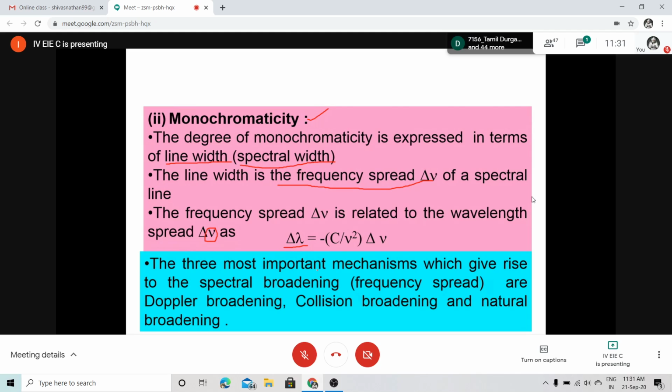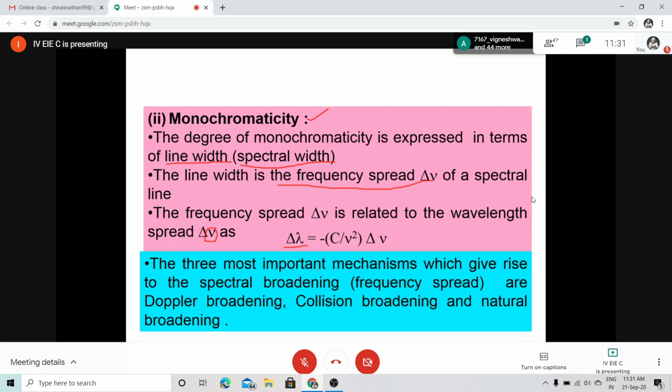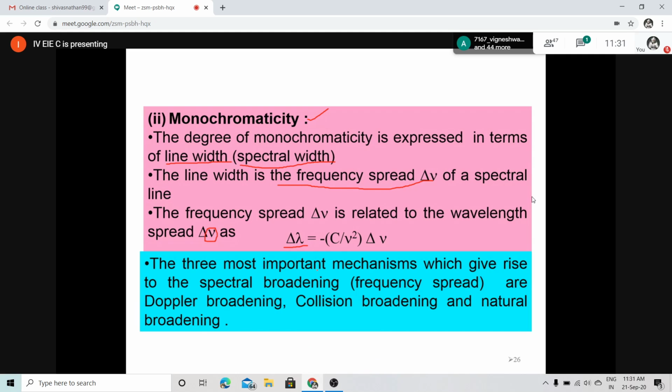Now, when we speak about monochromaticity, you need to understand that broadening happens even though we have laser light. Even if this laser light is highly monochromatic, it still has some broadening because of certain processes. That is what we are going to deal with in detail.